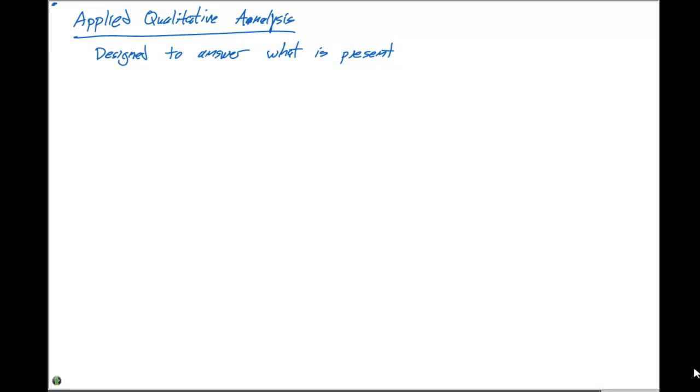And what you find is when you look at these qualitative analysis schemes, we put the ions or the cations into groups. And what we can say about that is that we group cations based on solubility characteristics.